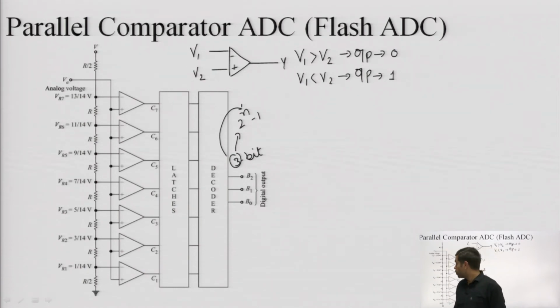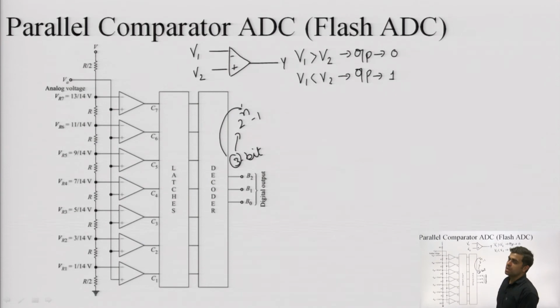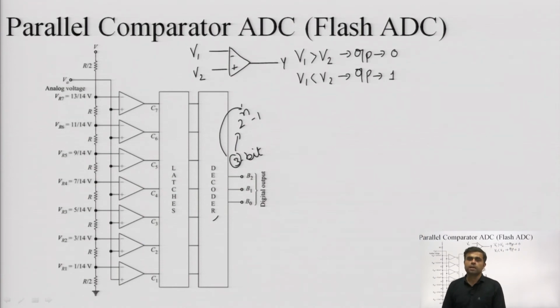These 1s and 0s are then fed to latches. The latches store that value, and the stored value is passed to the decoder, which finally translates it into a binary output, or digital output. This is the input side of the parallel comparator.